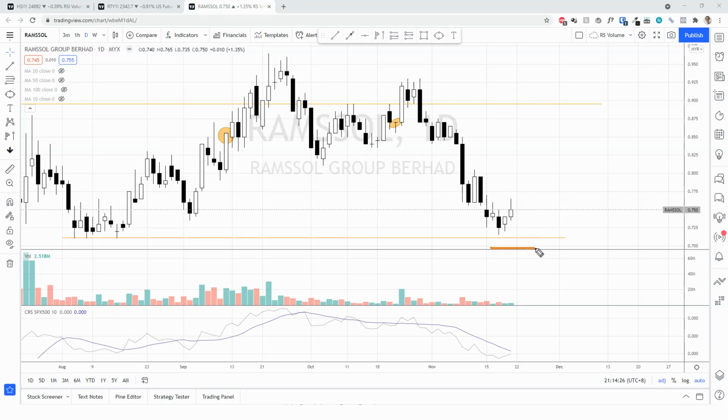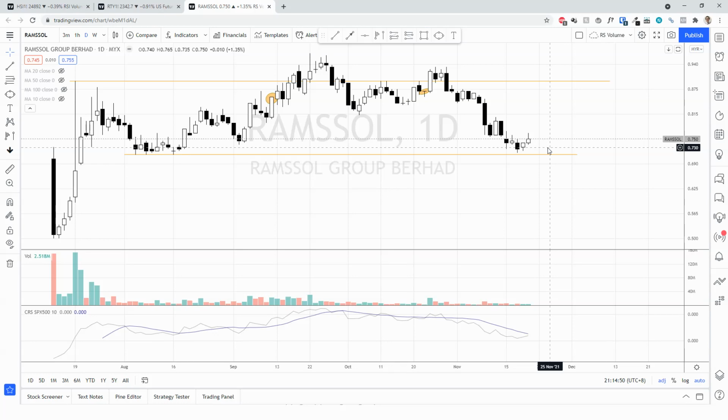Your stop will be naturally placed just below the swing low. So that will be your risk. And the reward will be at least to this previous axis line here, or at least to here. This is the first level, 85, followed by 90, so that could be another range-bound trade for RAMSSOL.